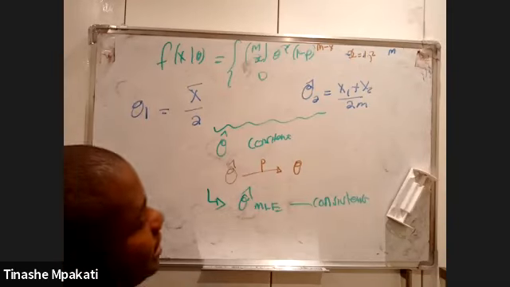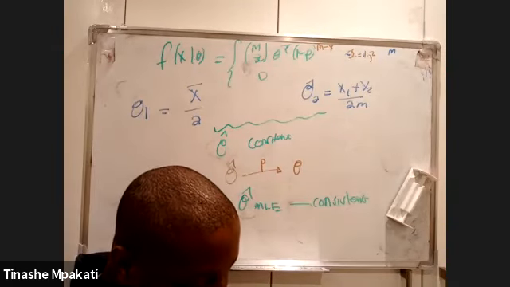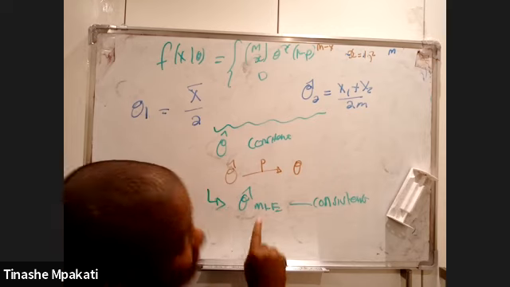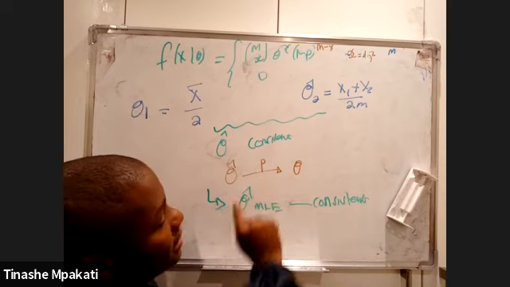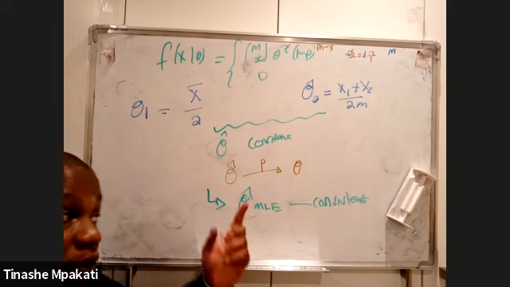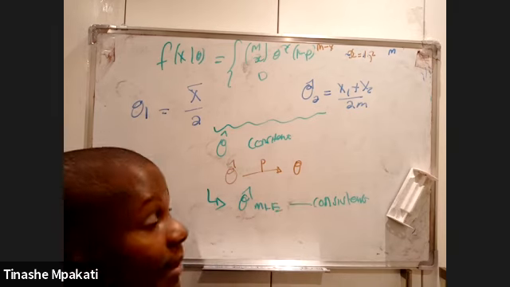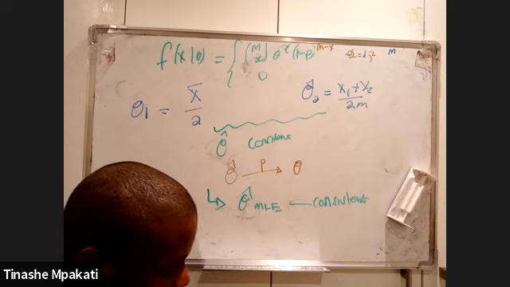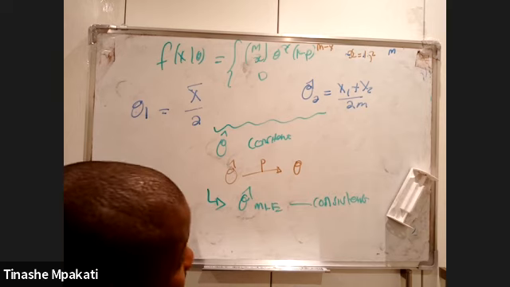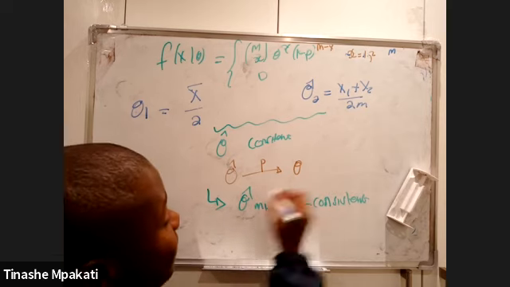So about consistency, an estimator here will be consistent if it converges to the true parameter in probability, right? And you need to go and revise how to show this convergence here, right?